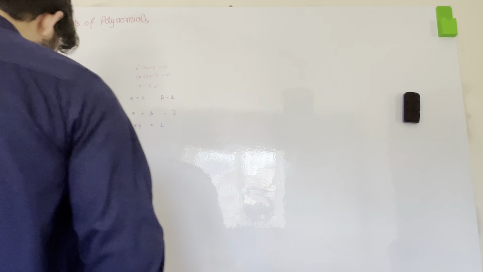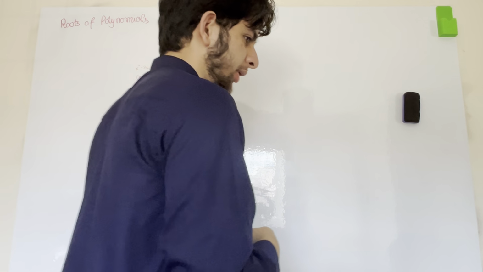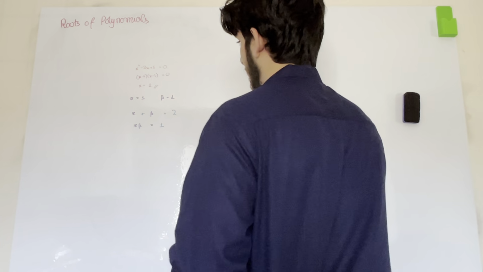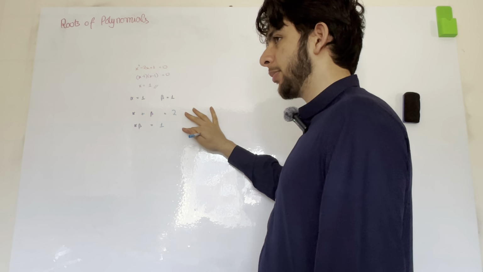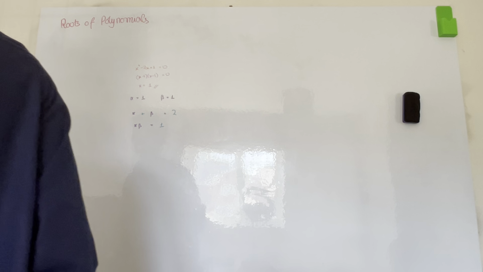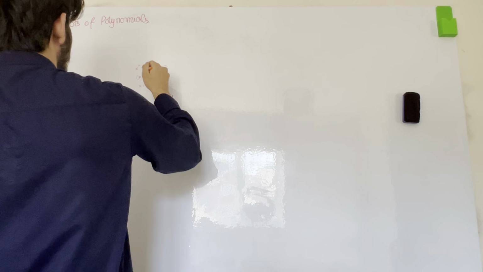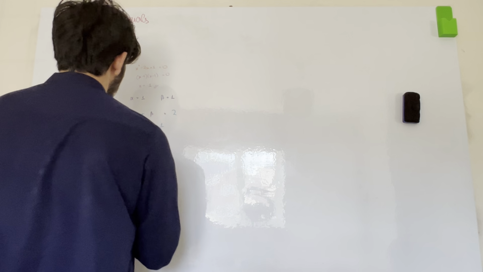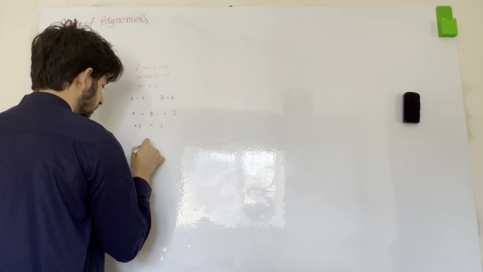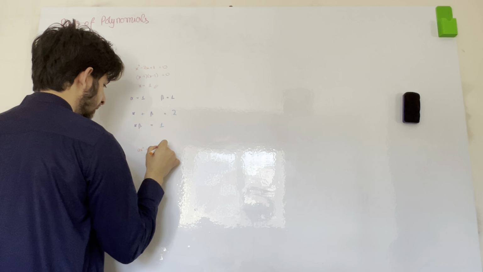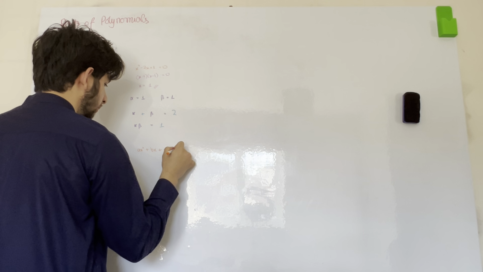Now it's probably not immediately obvious as to what these actually equal in relation to the original question. These might just look like random numbers, but I'll make this a little bit more obvious by making this quadratic into a general form of sorts. So we're going to have this quadratic, which is in the form ax squared plus bx plus c equals 0.